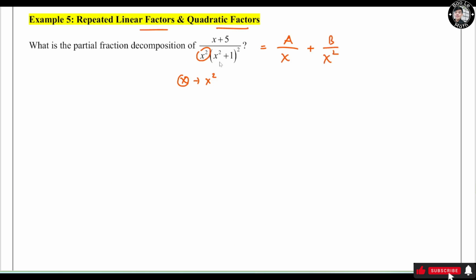Now we deal with the quadratic factor right here. So it can be (cs plus d) over (s squared plus 1), and then (es plus f) over (s squared plus 1) altogether squared.